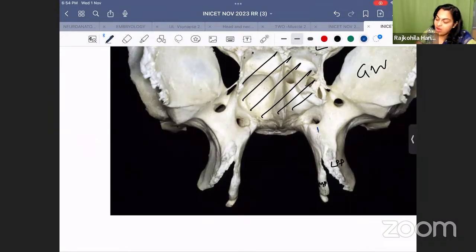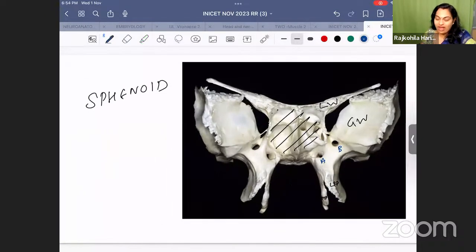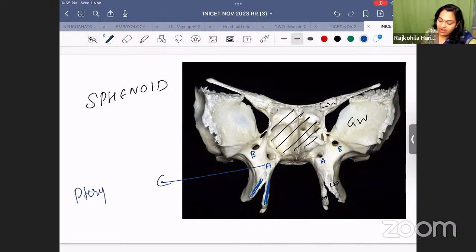You're going to tell me what is A, what is B. You see two foramen, right? A and B. Need not confuse, need not worry much. This foramen, which you see between the medial and lateral pterygoid plate, they will label it as pterygoid canal. Do you know what is its other name? Nerve of pterygoid canal, Vidian's nerve, right? So this is the Vidian's canal.